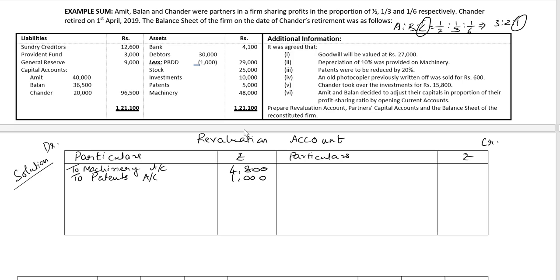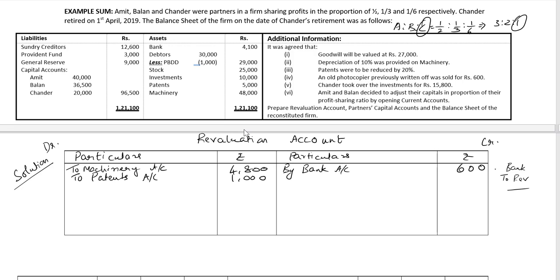Fourth point, an old photocopier previously written off was sold for rupees 600. The journal entry is bank account to revaluation account for the amount of 600. So it's by bank account 600 rupees. The fifth point, Chandar took over the investments for rupees 15,800.